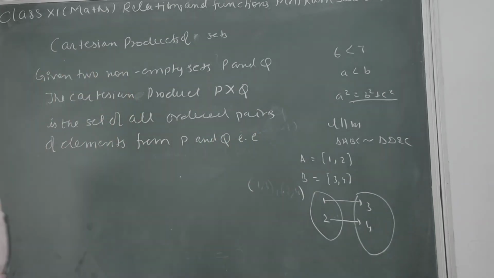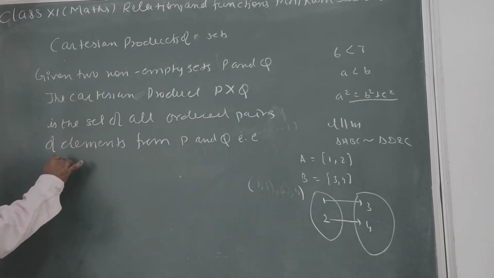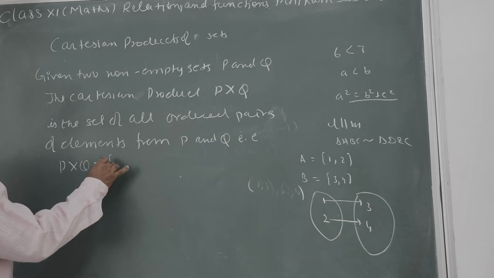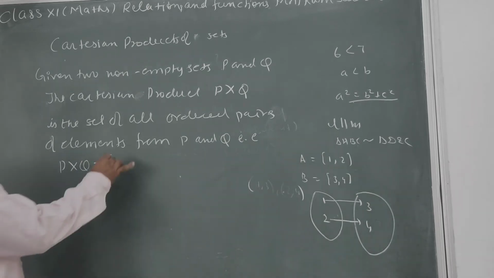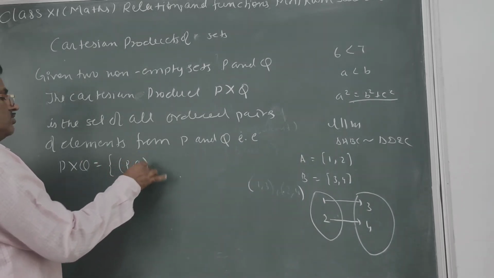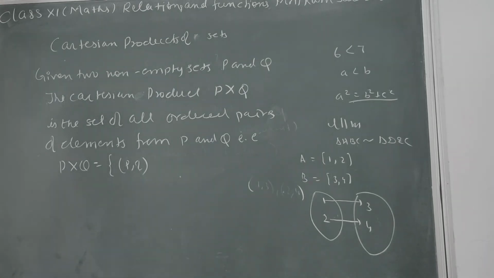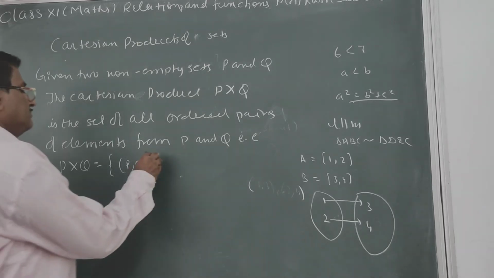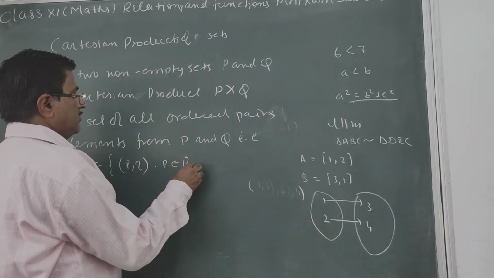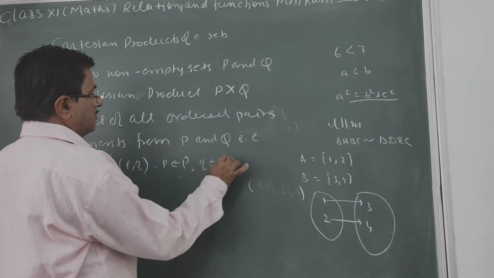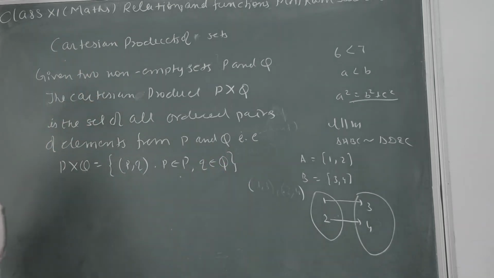Or if you want to write it symbolically, we can say P cross Q is equal to the set of ordered pairs (p, q), where small p and small q represent the elements of the sets P and Q, such that p belongs to capital P and q belongs to capital Q. So this is the definition of the Cartesian product.